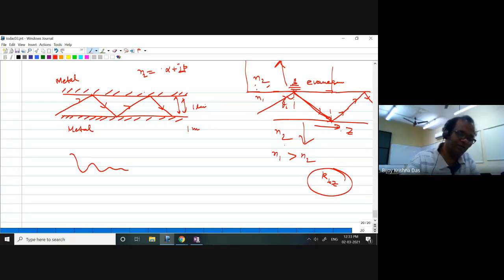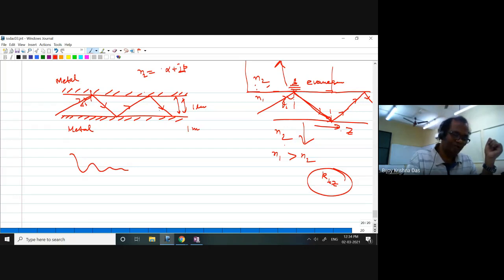If this separation is 1 micrometer, consider any angle, say 45 degrees. Your waveguide dimension should be in the order of lambda, so smaller lambda means smaller dimension.